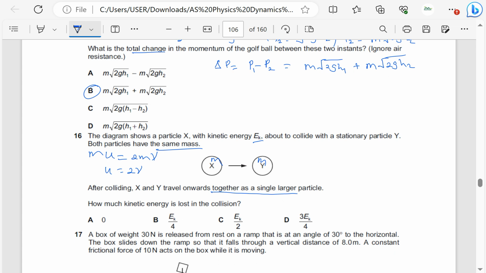So how much kinetic energy is lost? The loss in kinetic energy is going to be equal to E1 minus E2.